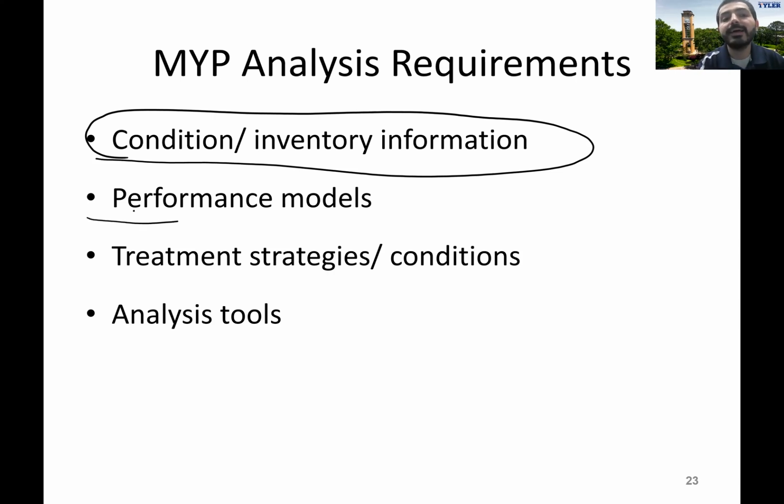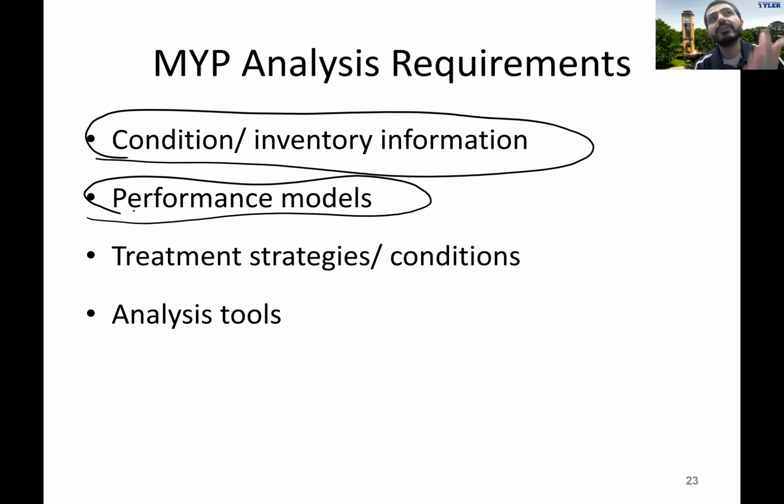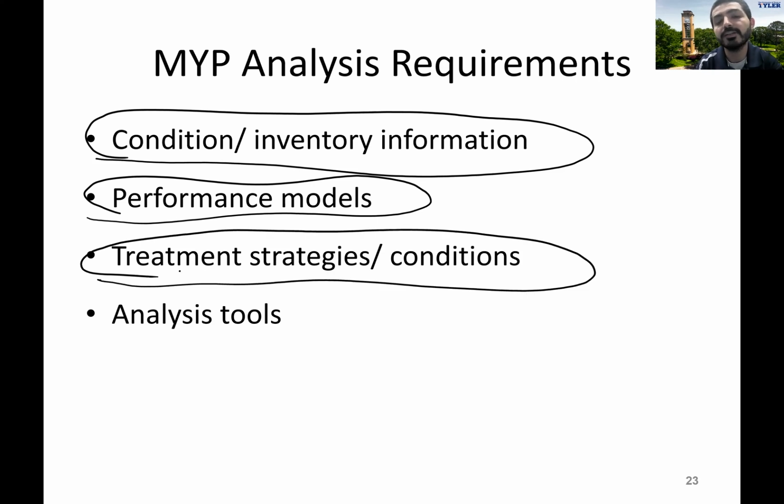We also have to have a performance model, which is what we discussed in the previous chapter. We need those performance prediction models, how each one of these treatments is going to perform in the field. I need those performance models to let me compare different treatments. And of course, we need to know what the different treatments, strategies and conditions are that we can apply in the field.